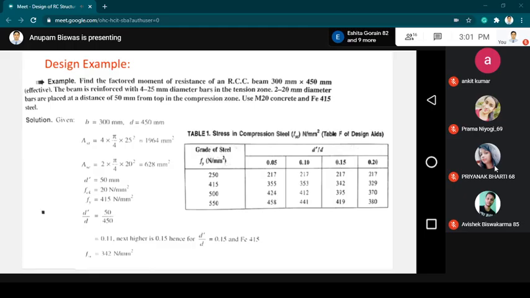We would have taken the value of 0.1. Okay, so once the value is within the given values, meaning 0.05, 0.1 or 0.15 of d dash by d, we take the minimum. And once the value exceeds the given values, we have to take the higher range. Okay, understood?